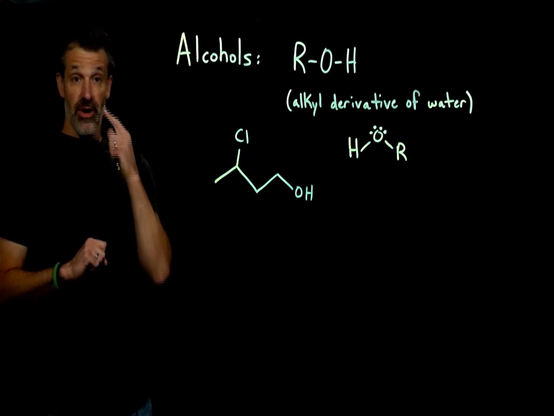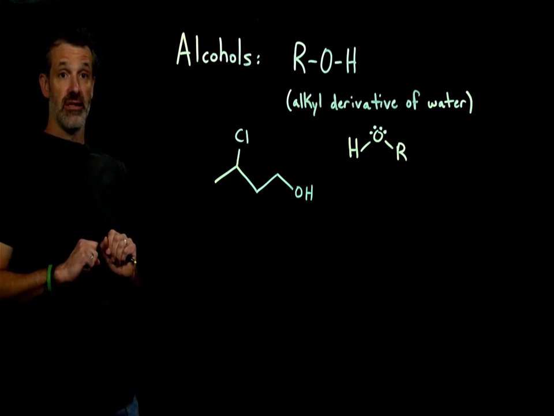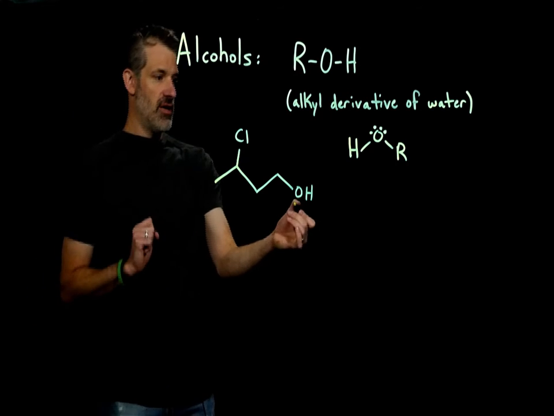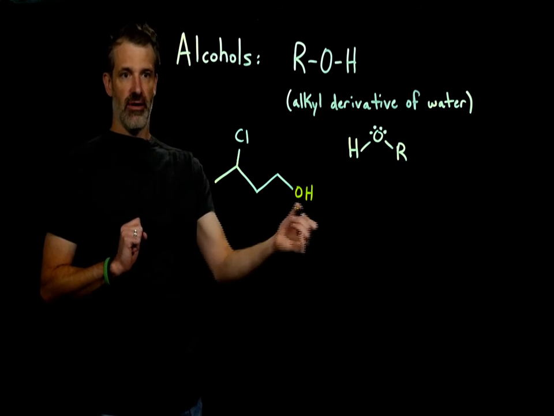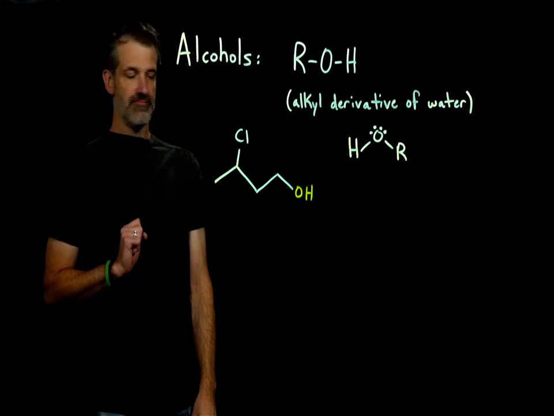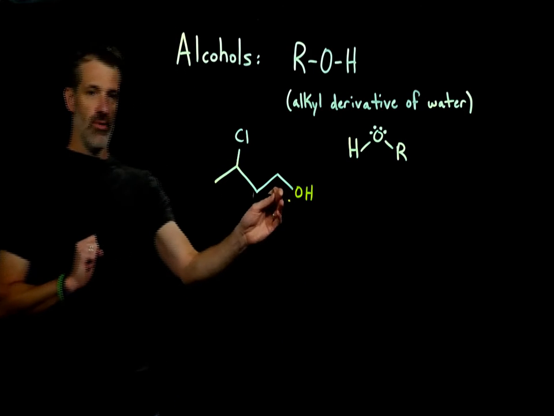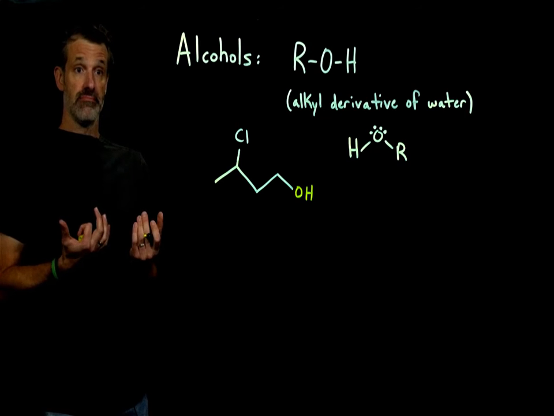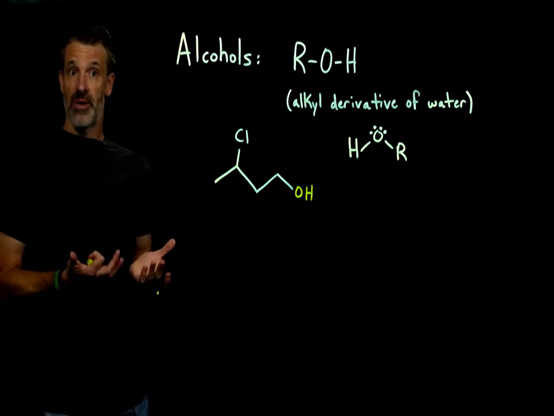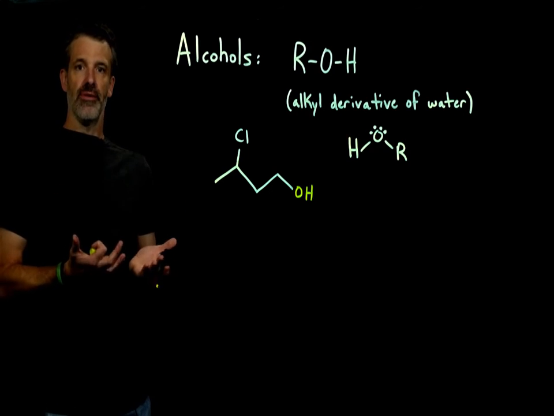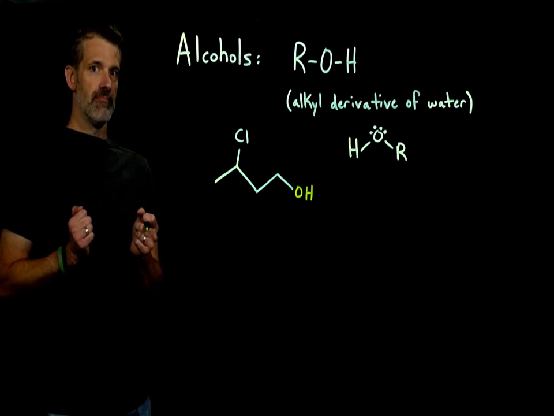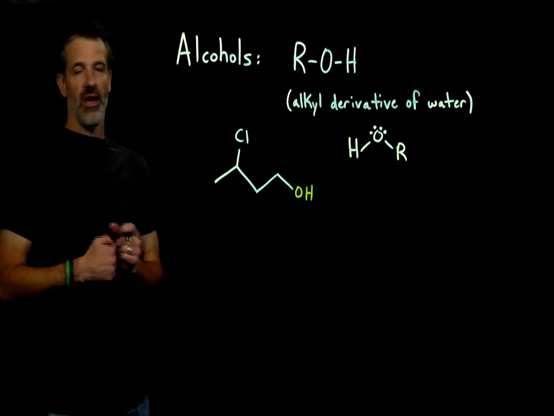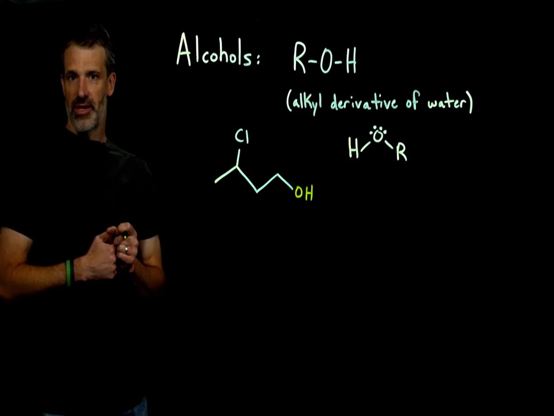Our highest priority group here in this molecule is the alcohol OH group. And you start off by giving the lowest possible carbon number to the carbon that has the alcohol group directly attached.